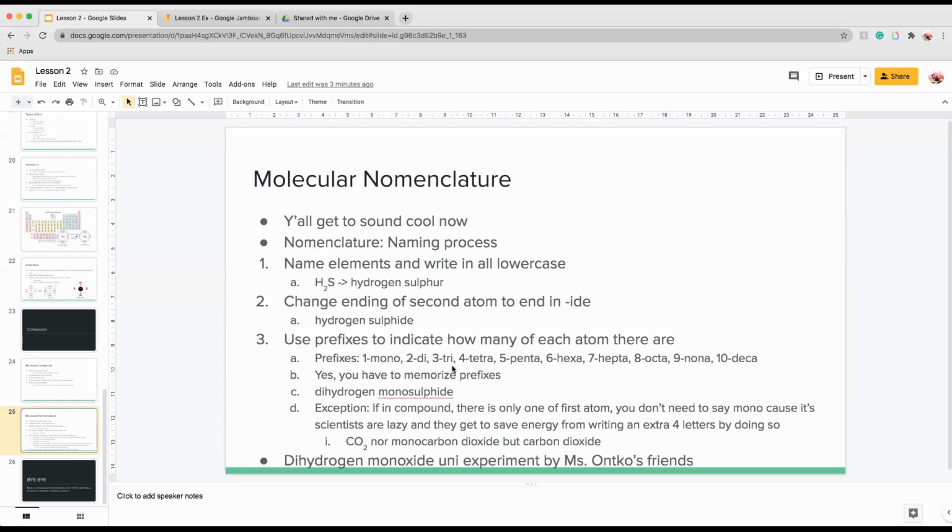These are the prefixes, and you will have to memorize them. Since we have two hydrogens and the prefix is di, we change hydrogen into dihydrogen. And since there's only one sulfide, we change it to monosulfide. So this compound, H2S, is called dihydrogen monosulfide.